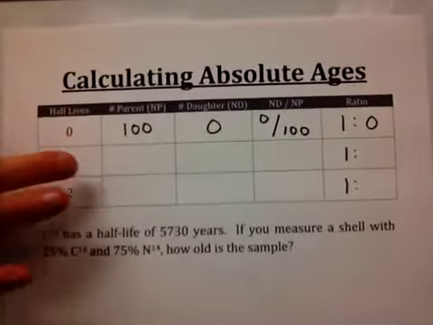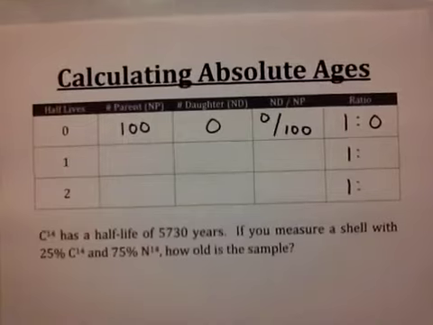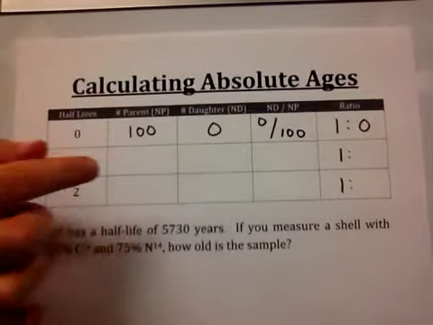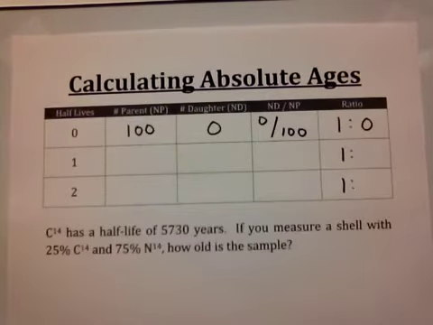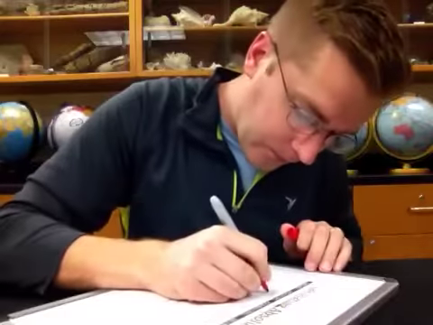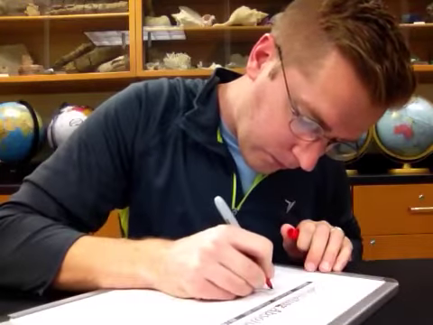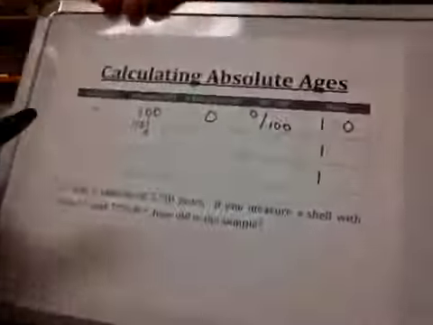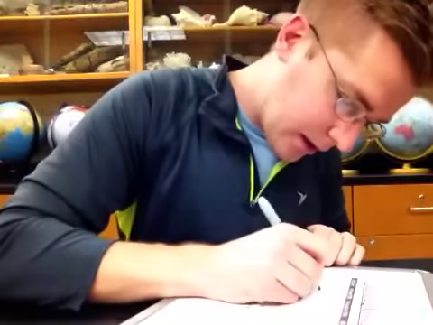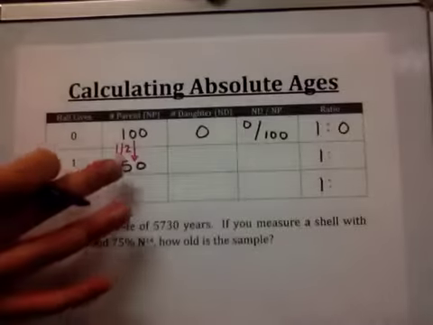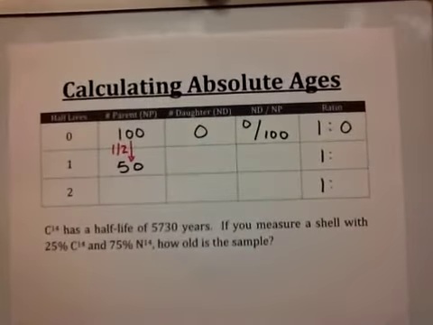When we have a half-life, half of the parents have decayed to daughters, while half remain parent atoms. I'm going to make some notes here. Half of the 100 remain parents, and I'm going to write that number: half of 100 is 50.